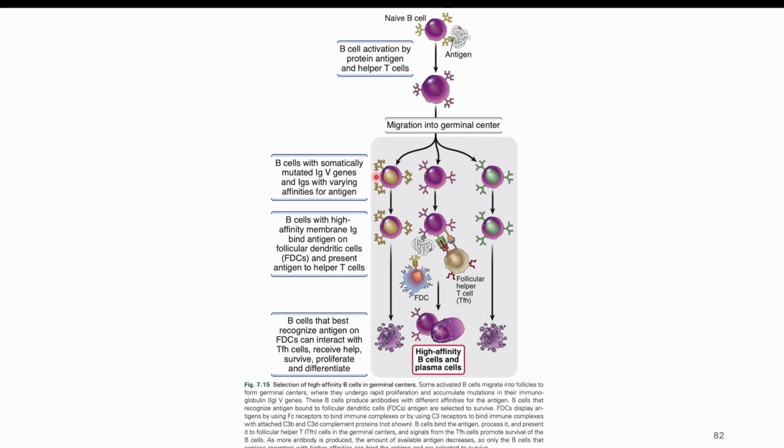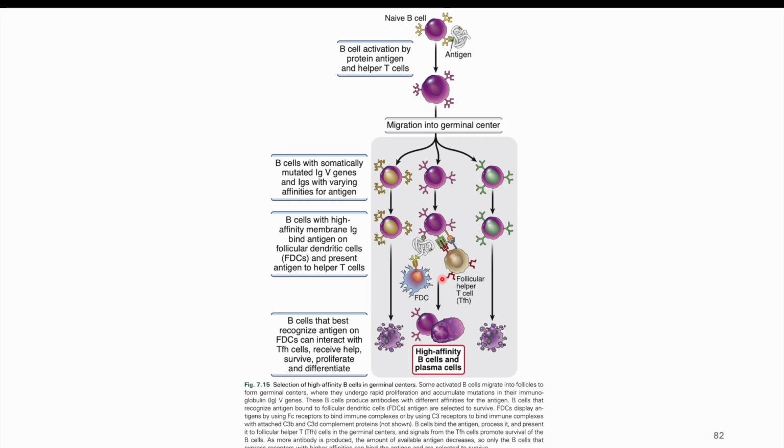So the B cells which have low affinity will undergo somatic mutation, and once the somatic mutation takes place, there will be rearrangement of the heavy chain. Once the heavy chain is rearranged, it will see the antigens which are presented there with the help of follicular dendritic cells.